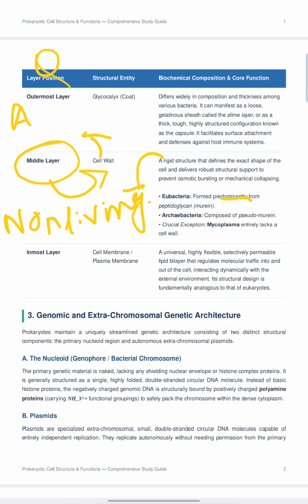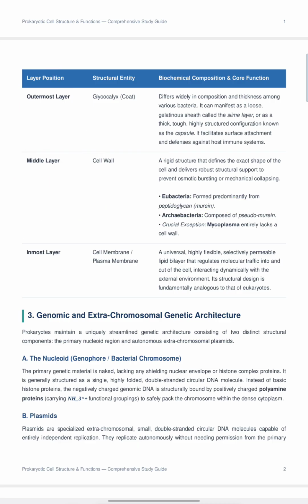Bacteria are found predominantly with peptidoglycan, which means the cell wall of bacteria is made up of peptidoglycan. In archaebacteria, the cell wall is composed of pseudomurein. The exception, an organism which does not possess a cell wall, for the prokaryotic cell is mycoplasma, which does not have a cell wall.